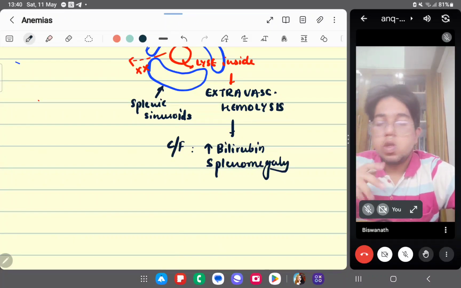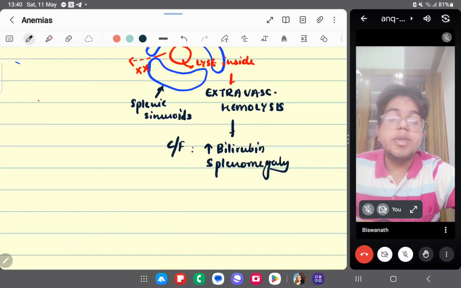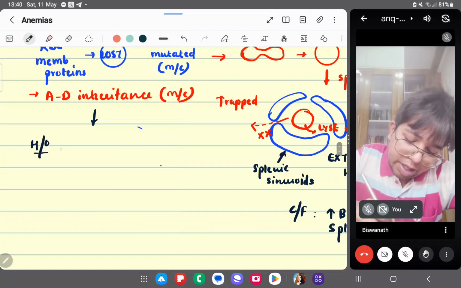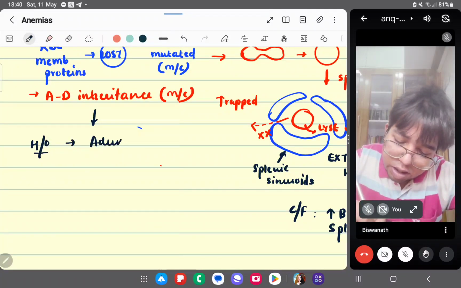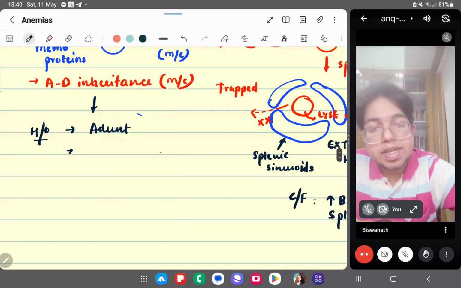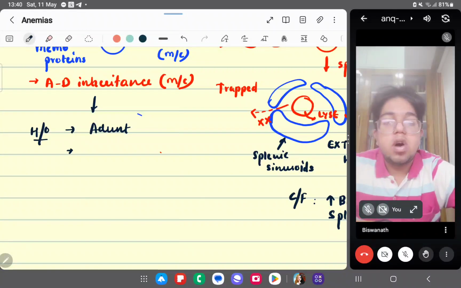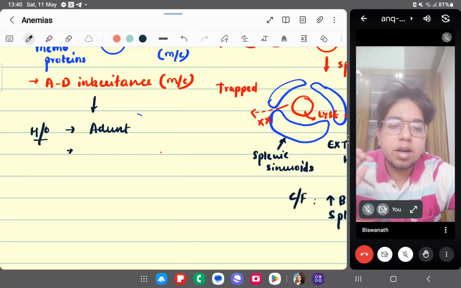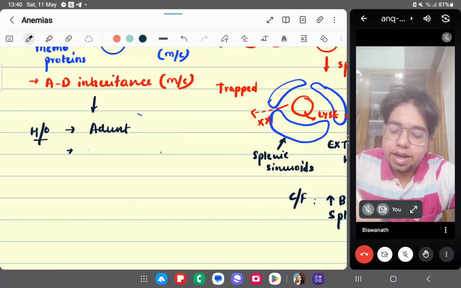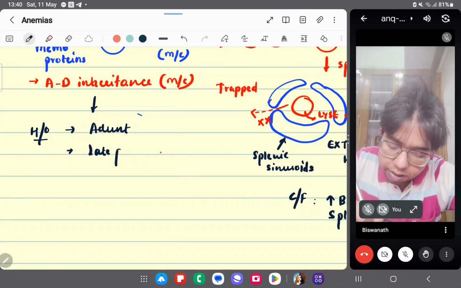Understood? Autosomal dominant means the patient will be a middle-aged adult, since it presents late in life. Autosomal dominant inheritance means only one gene is mutated.